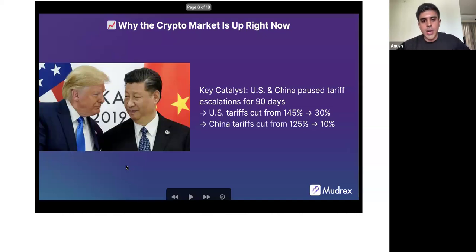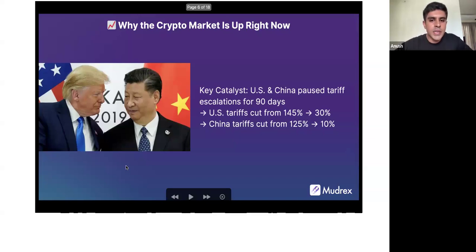The United States and China have agreed to a 90-day pause on escalating their trade war, significantly reducing tariffs on both sides, right? On May 12th, Trump actually announced a total reset in US-China relations following negotiations that they had in Geneva. As part of this agreement, the US reduced tariffs on Chinese imports from 145% to 30%, while China cut its tariffs on US goods from 125% to just 10%.